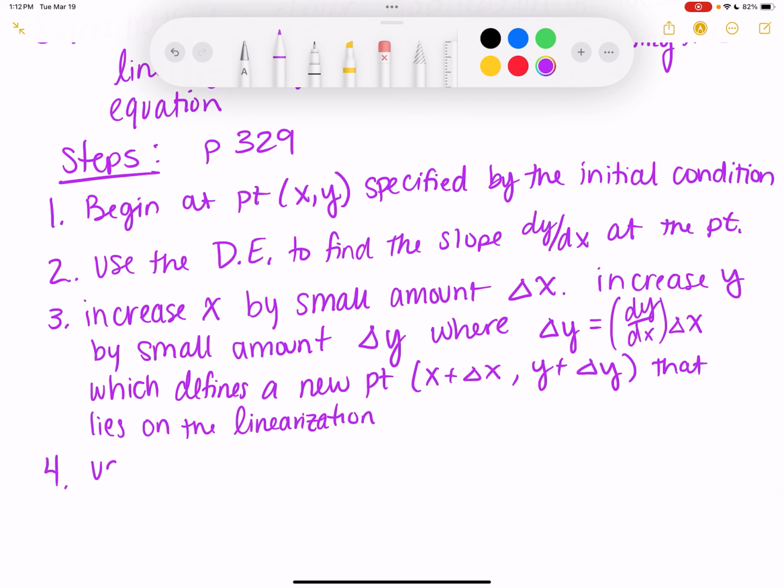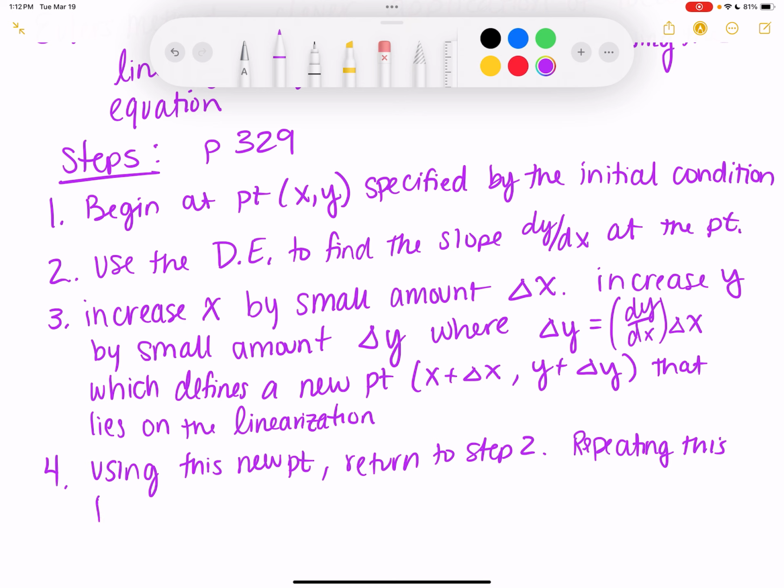Four, using this new point, return to step 2. Repeating this process constructs the graph to the right of the initial point.